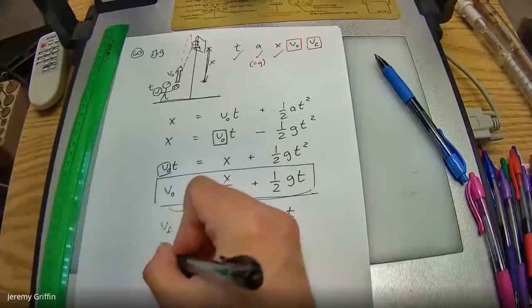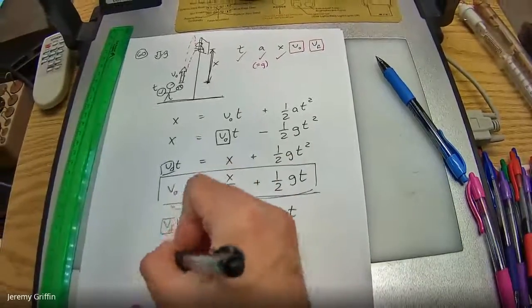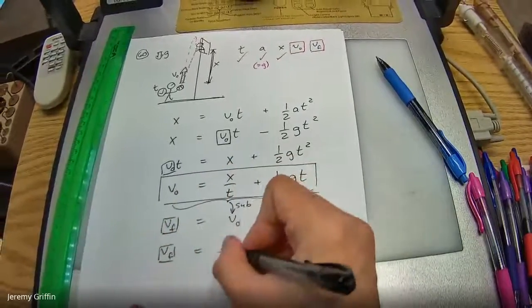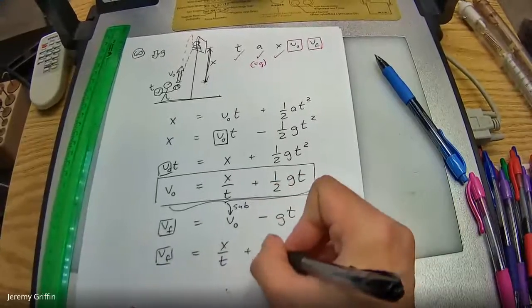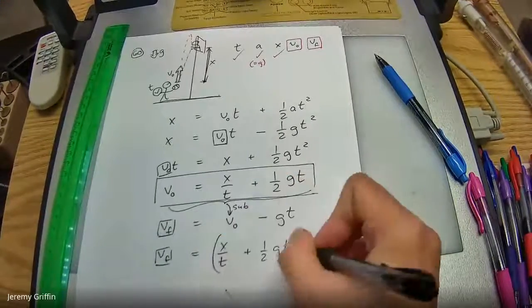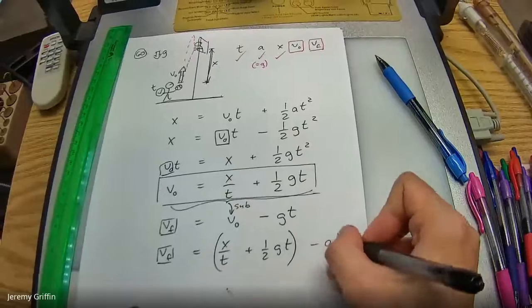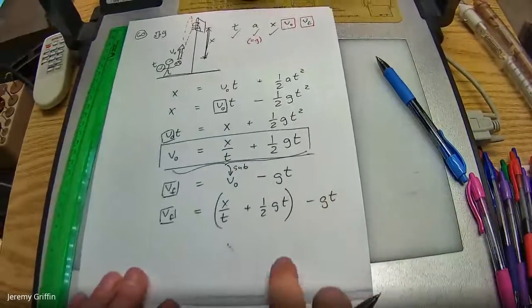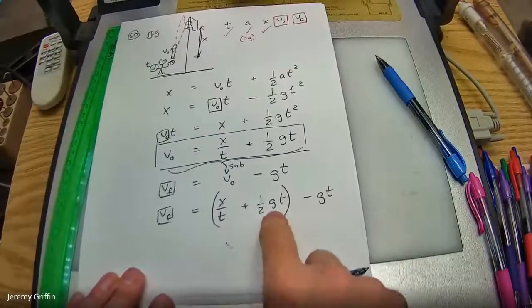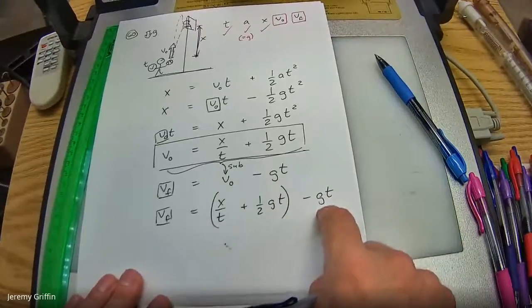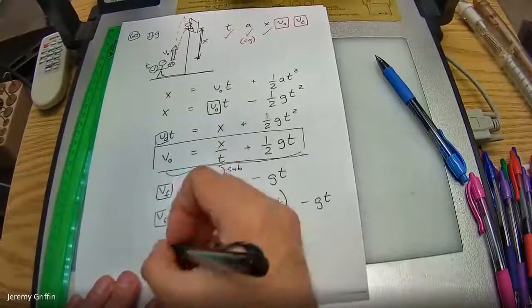So the final velocity, which I'm solving for now, is equal to X over T plus half GT. That was all subbed in. And I still have this minus GT here. Let's see, half a pizza minus a whole pizza. It looks like I'm in debt half a pizza. Yes.